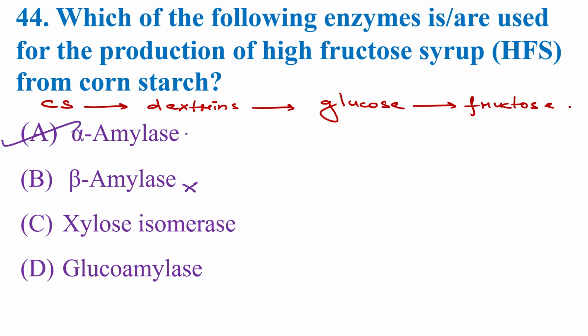Basically this is the key step that makes high fructose syrup, an essential enzyme for HFS. Next, glucoamylase or amyloglucosidase. Basically it is used in the saccharification step. That means it converts dextrins and maltose into free glucose. So over here our correct options will be option number A, option number C and option number D.